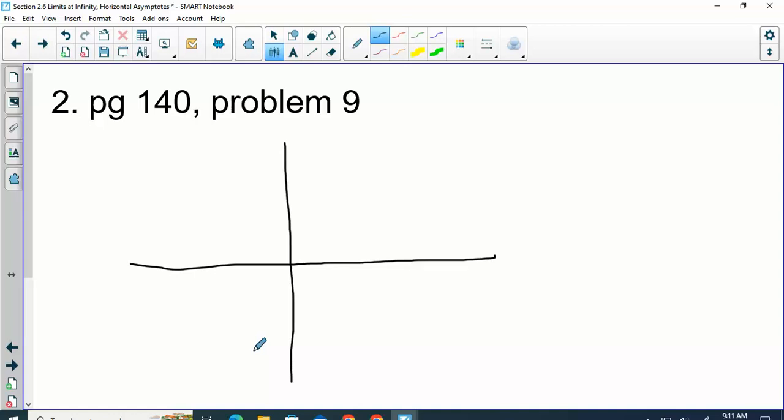f of 0 equals 3. What does that mean? This is just a point. 0, 3 is just a point on the graph.